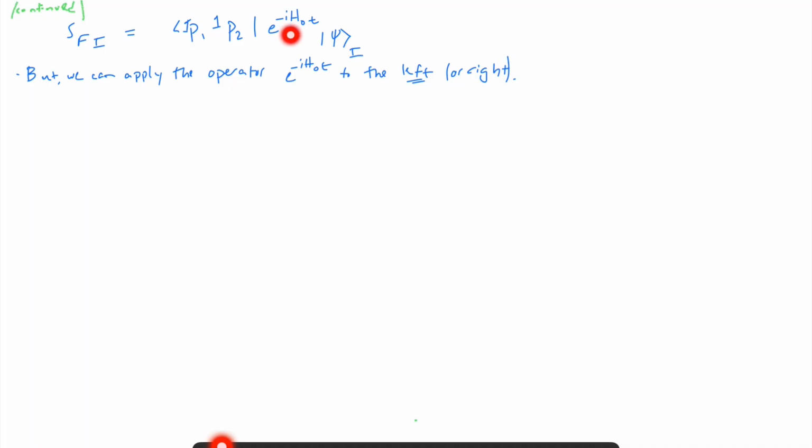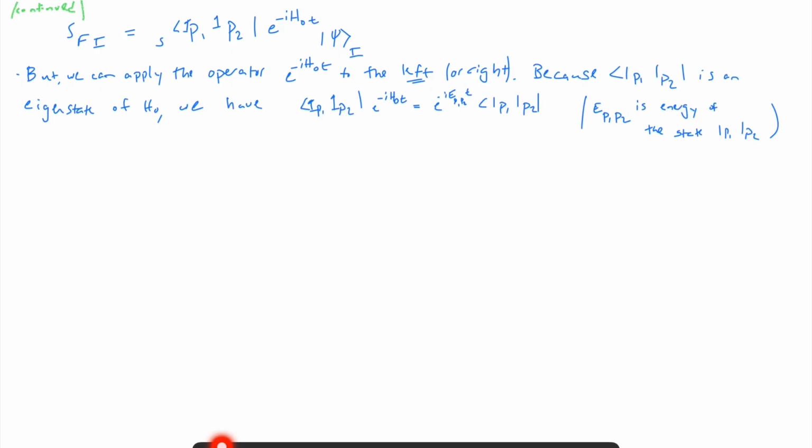This is e to the minus i H naught t, an operator sandwiched between a bra and a ket. And we know from the math of quantum mechanics that we can apply this operator to the right or to the left. You can apply it to a bra. If we apply it to the left, this is nothing but an eigenstate of H naught, from the whole theory we developed earlier before we started talking about interactions. This is a Fock state.